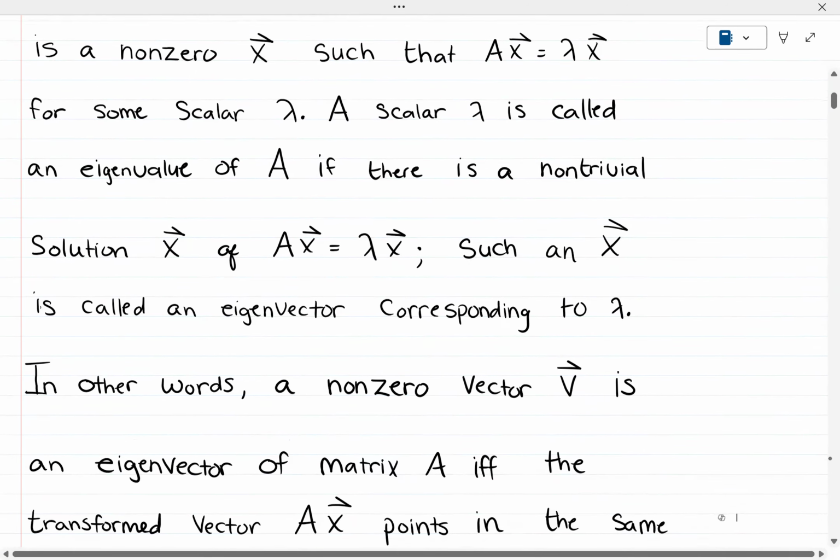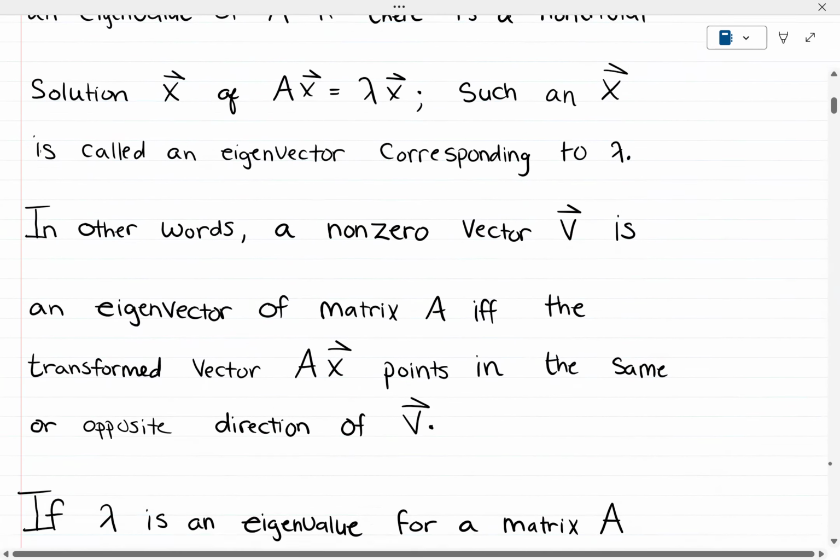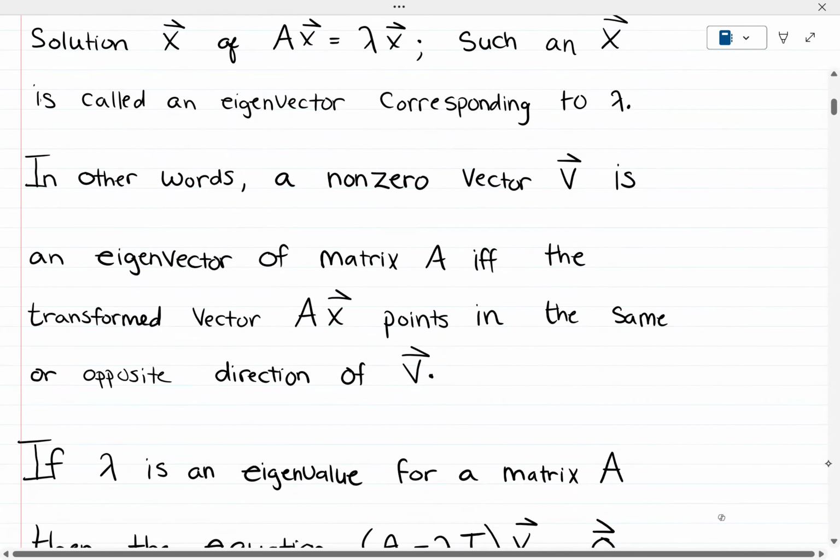So what that really means is, in other words, a non-zero vector v is an eigenvector of matrix A if and only if the transformed vector A times vector x points in the same or opposite direction of vector v.